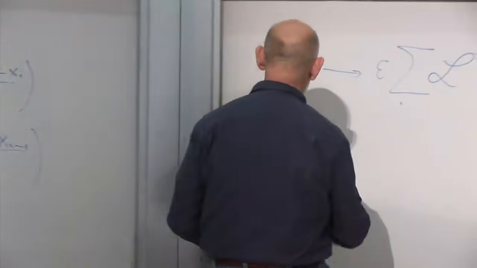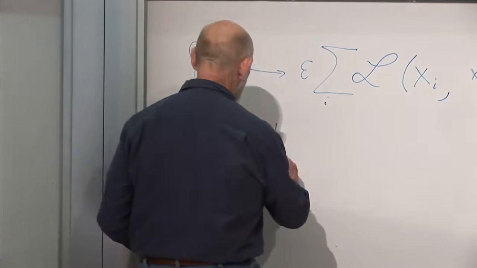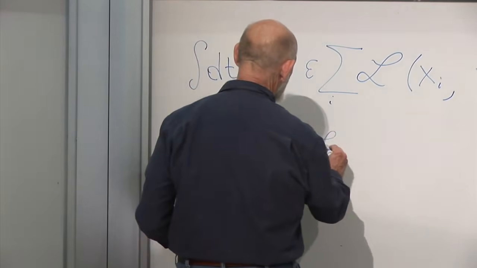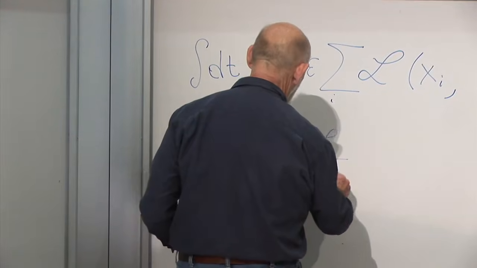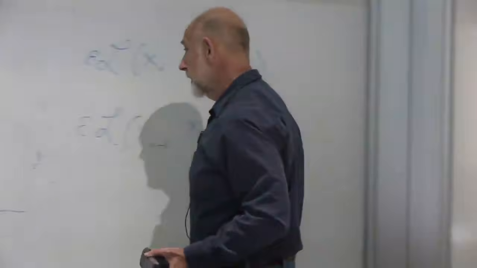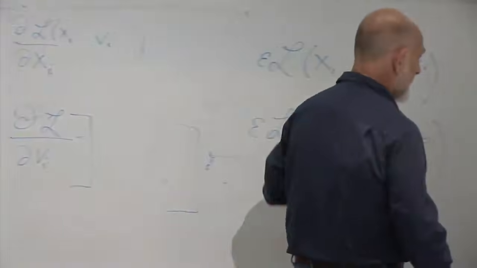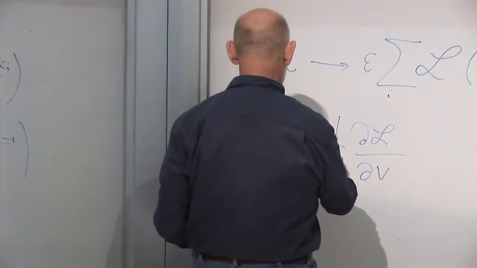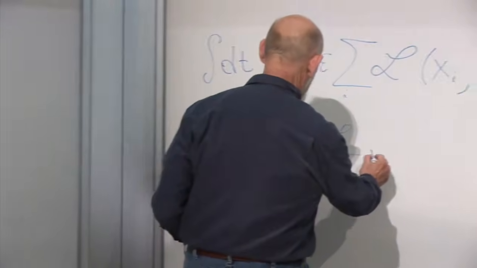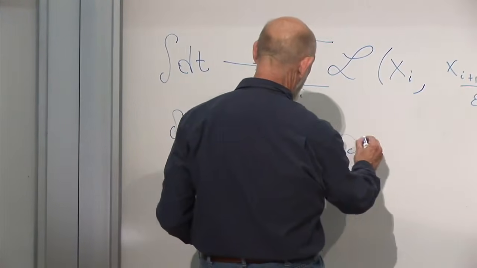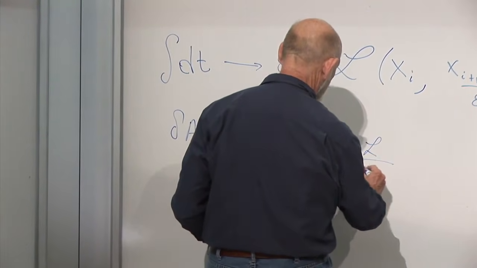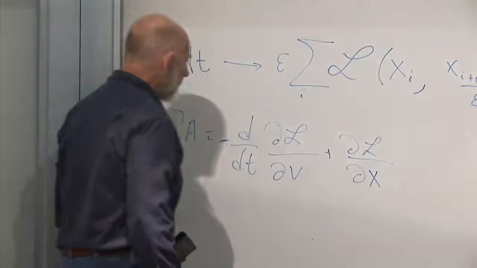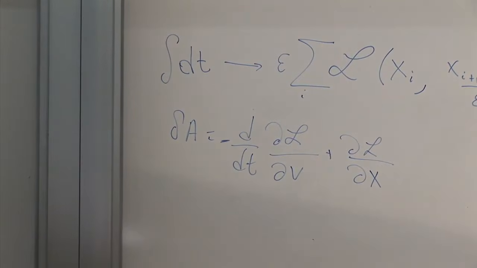It's proportional to d by dt of the derivative of the Lagrangian with respect to the velocity, which is x dot, and there's a minus sign. Let's see. Maybe this one's the minus sign. Plus derivative of the Lagrangian with respect to x. Okay, again, just to go through it briefly again.